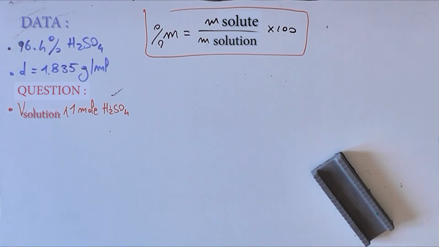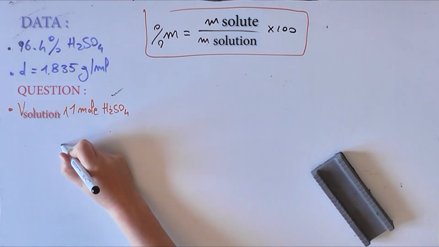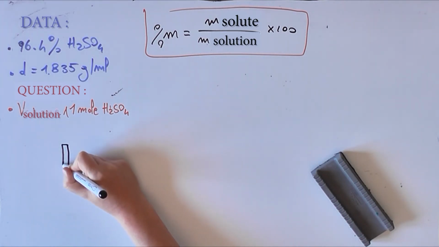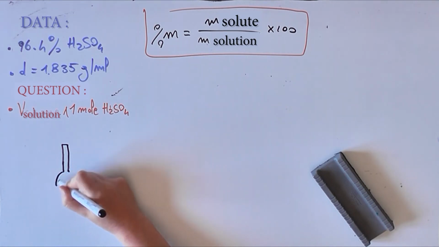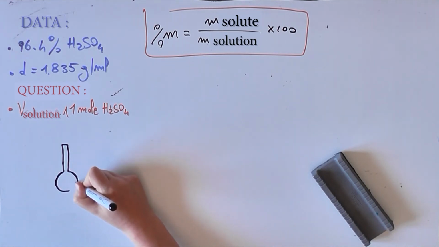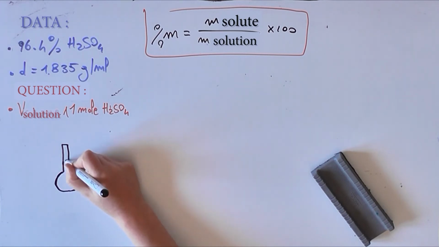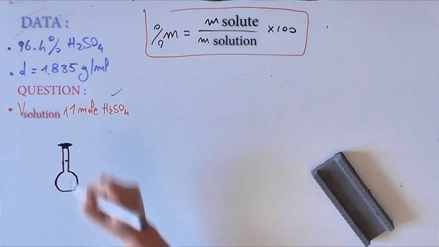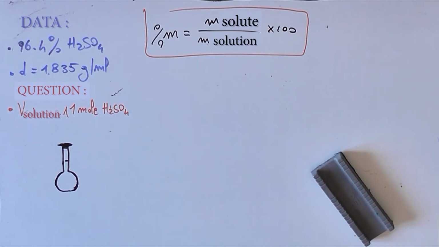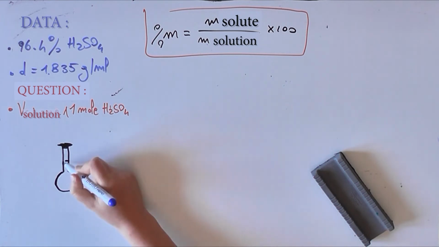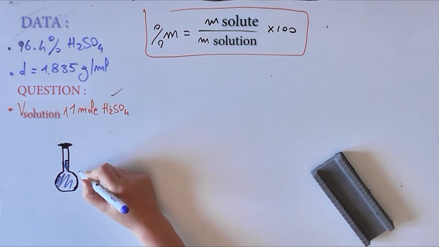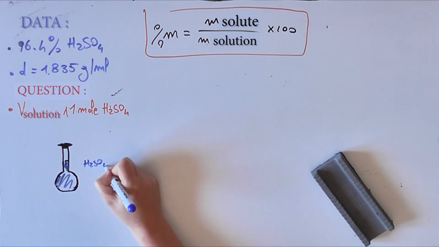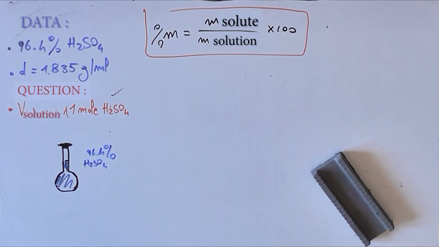But let's go on. So to understand better, let's do a drawing of what we have. This is our volumetric flask, with probably also a cap on the top to avoid evaporation of the solvent, which would change the concentration. So inside this flask there is our solution, which is 96.5% of sulfuric acid.